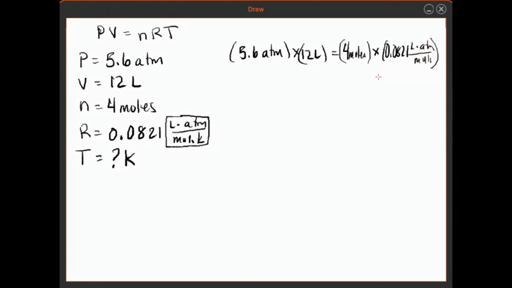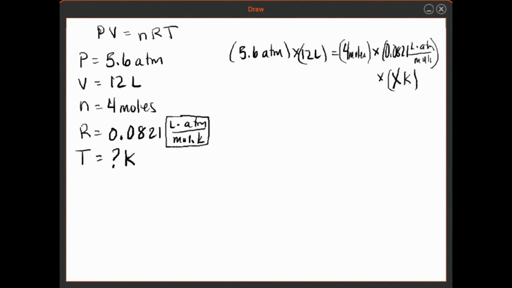And I'm running out of space here, so times our x value, which is in Kelvin. Now, I almost prefer to rearrange the equation first and then solve the problem, but I know a lot of people just like to plug in the values. So we'll go with plugging in the values here.